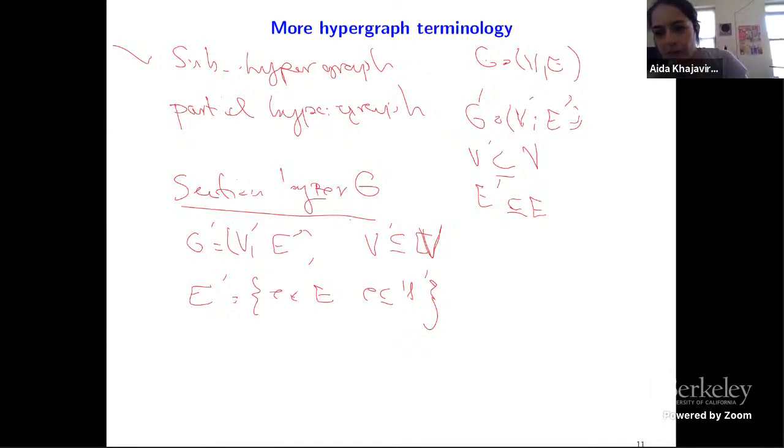In the graph literature, sub-hypergraph doesn't really make sense in the way that we defined it. There we have subgraphs and induced subgraphs. A subgraph for hypergraphs is a partial hypergraph, and an induced subgraph is a section hypergraph. And then sub-hypergraph is something else. I hope this is not too confusing.